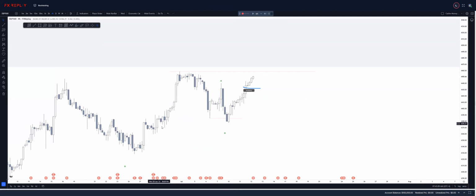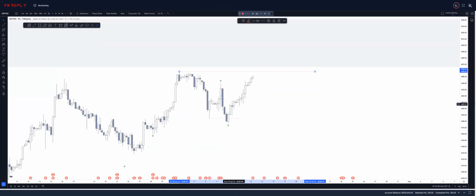Doesn't really matter because our most recent ISP is all the way down in here. So the structural leg is from here to here. This is just looking at it internally. We have no FVG in here except for one. So if price wants to pull back, it may pull back into this region and then push up.